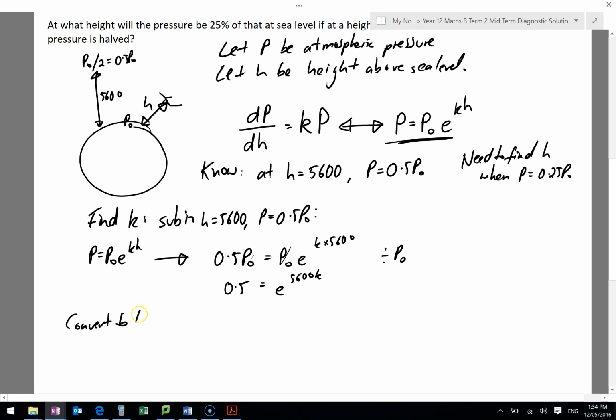Convert to a log statement. So this unknown power is the power I need to raise e to, so the natural log, to get 0.5. I should have a k in there as well. The power was 5,600k. So k is the natural log of 0.5 on 5,600.